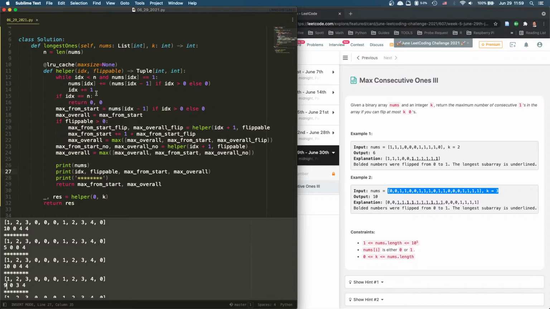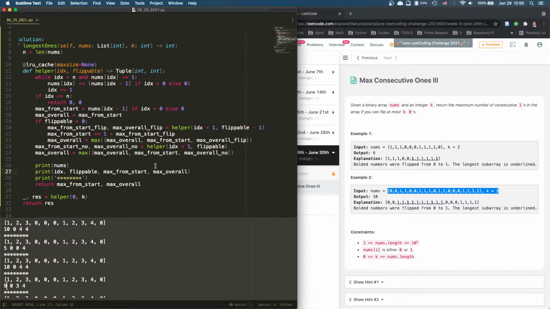If index is coming in to 10, and then immediately goes to 5, right? Well, how do you go to 10 again? Shouldn't you go to 4? Flippable, index plus 1.